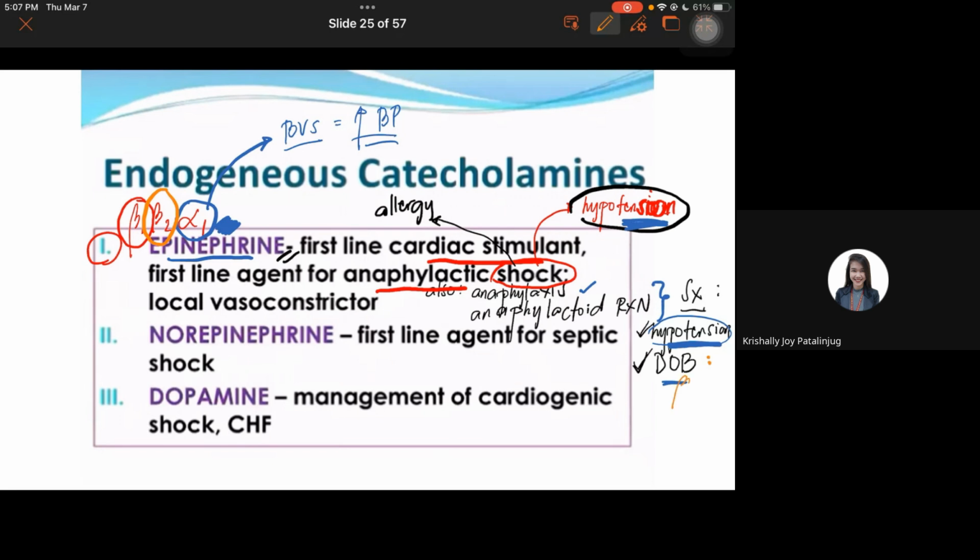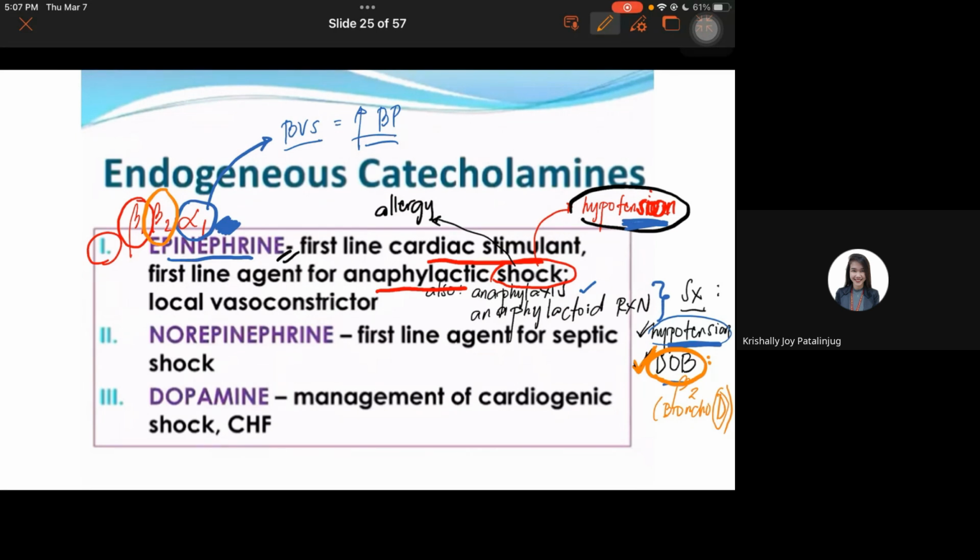So, pwede siya makadilate sa bronchiole. So, bronchodilation yung effect niya. So, counteracting shortness of breath, difficulty of breathing, dapat yun ang i-manage during anaphylaxis, anaphylactoid. Yun nga, symptoms ang pinaka-ginalabanan kasi nga, kapag difficulty of breathing na, it is life-threatening already.